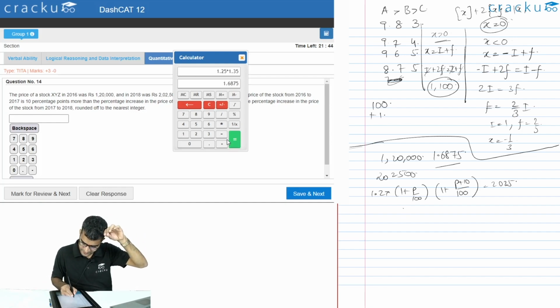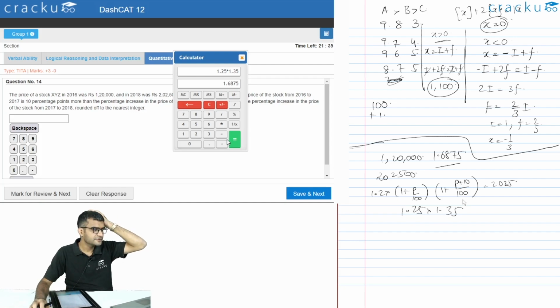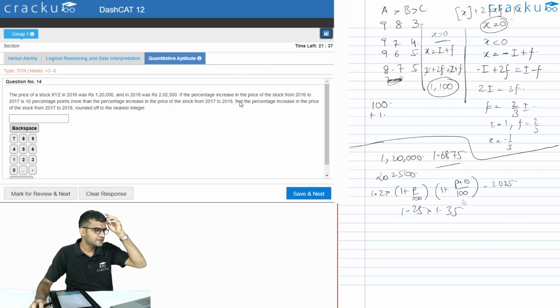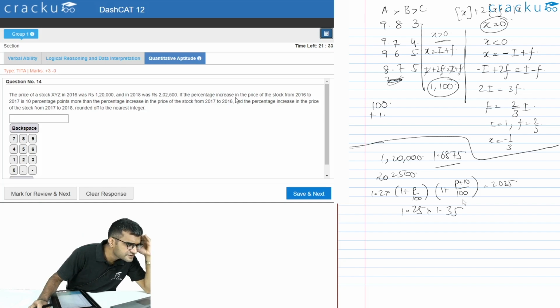Yeah, okay. So this is 1.25 into 1.35. Okay, what is the percentage increase in the stock price from 2016? So it has to be 25%, right? Yeah, I think it is 25%.